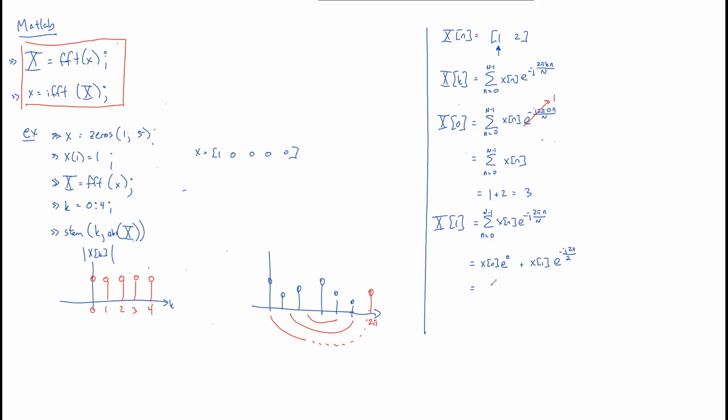So this would be equal to 1 plus 2 times e to the minus j pi.